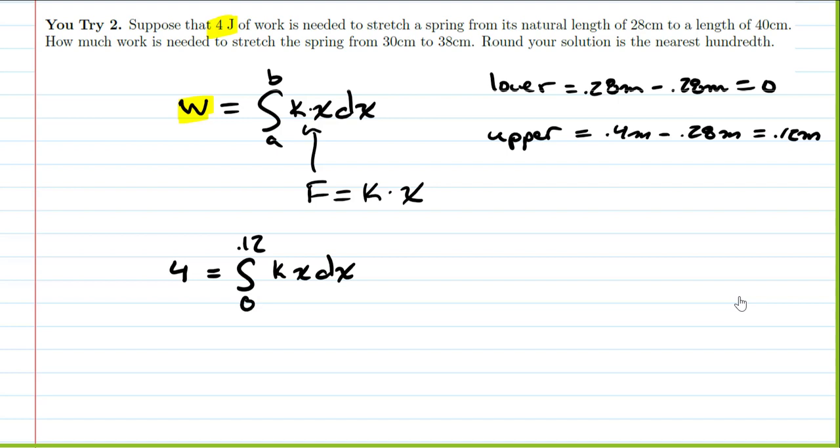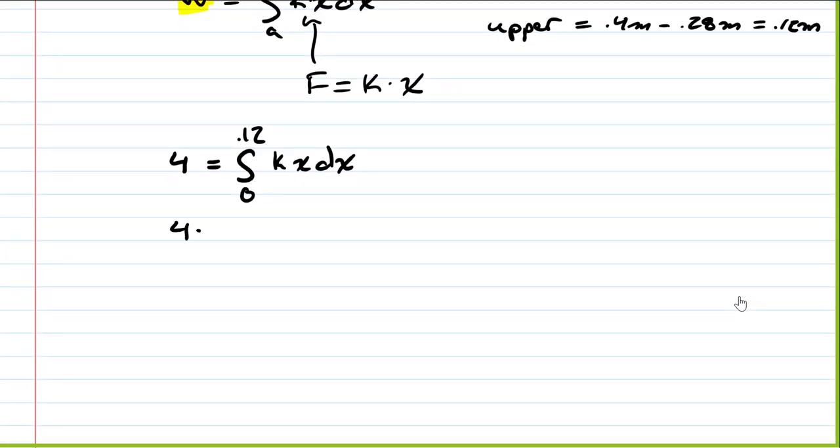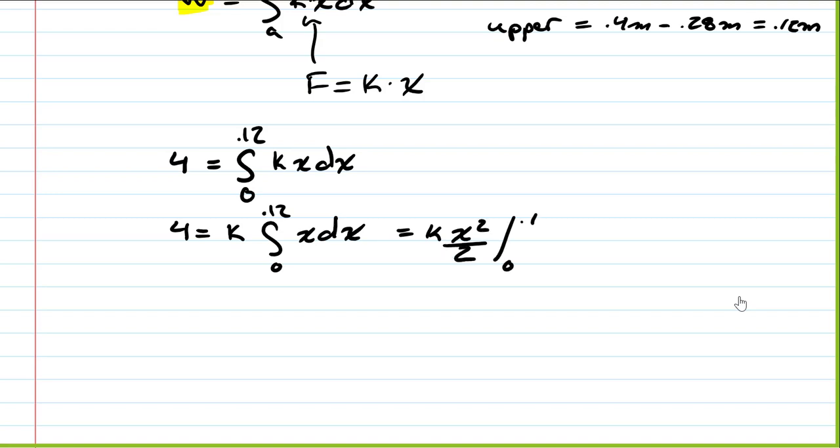The k is a constant, so we can just pull it out of our integral altogether. And that leaves us with 4 is equal to k times the integral from 0 to 0.12 of x dx. Well, the antiderivative of x is x squared over 2, so we get k times x squared over 2 evaluated from 0 to 0.12.